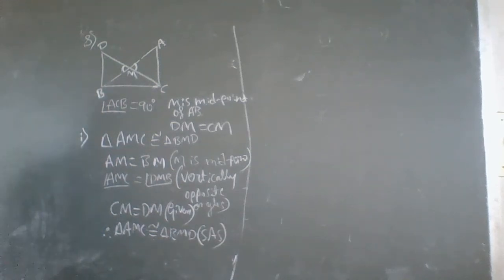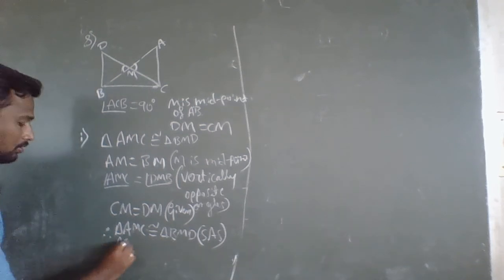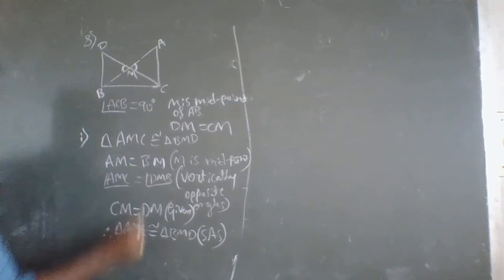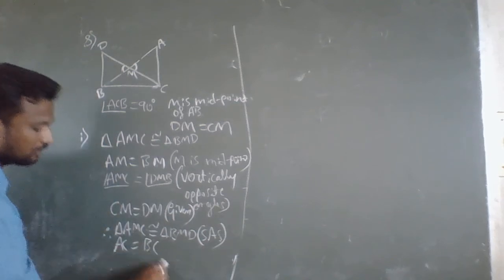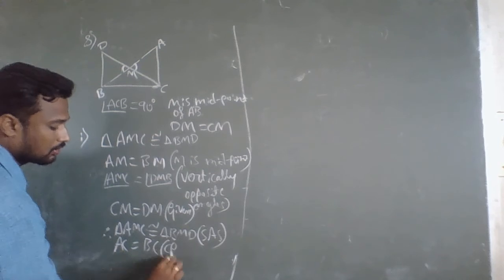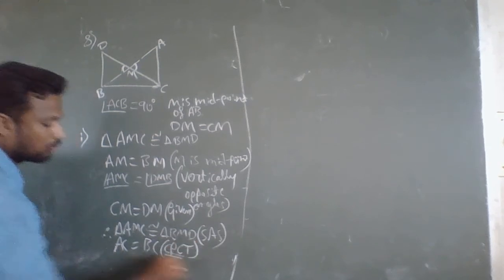By this we can write AC is equal to BD. Why? These are corresponding parts of congruent triangles.